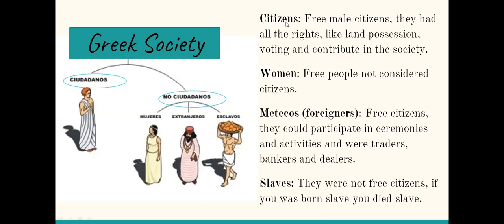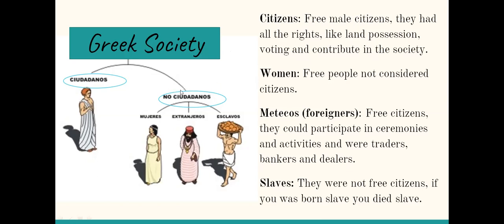Citizens were free male citizens. They had all the rights, like land possession, voting, and contributing in the society. So only free male citizens could participate in the community. Eran considerados ciudadanos solo los hombres libres.